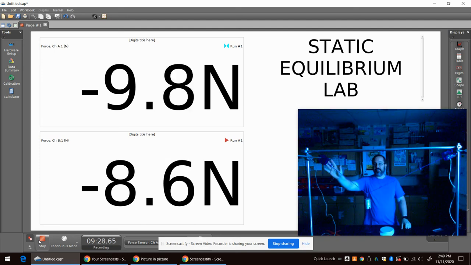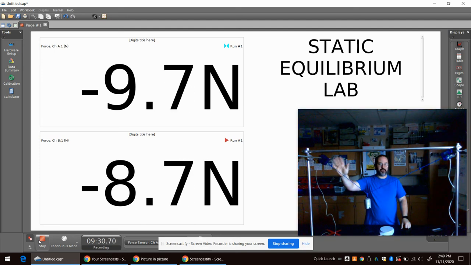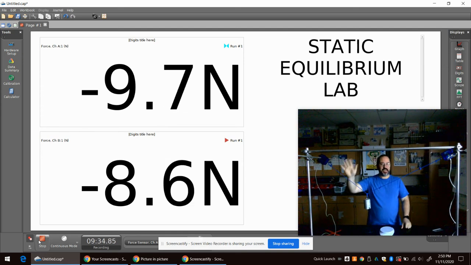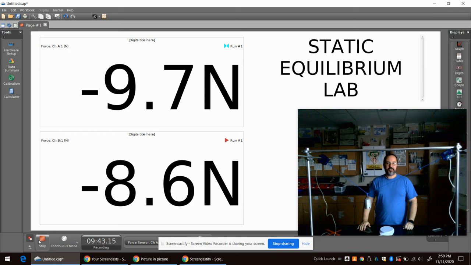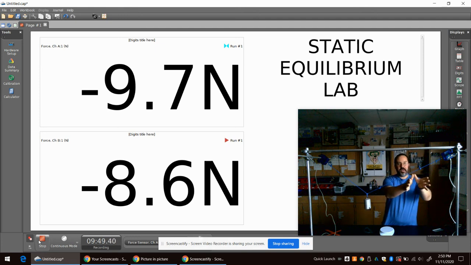This force sensor on this side holds a greater amount of force than the force sensor located on the other side. And as we are doing our measurements, we will see that that matches the concept we had over here.